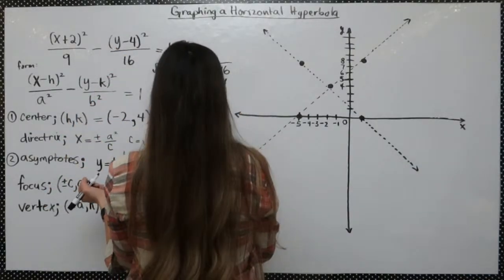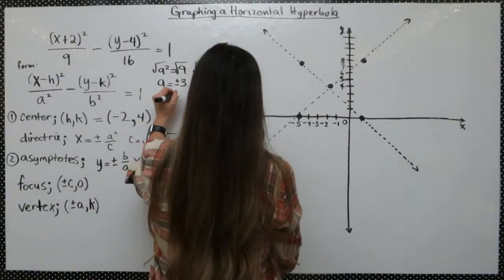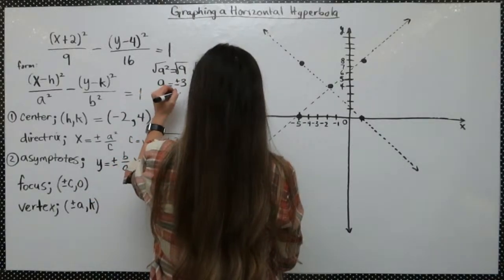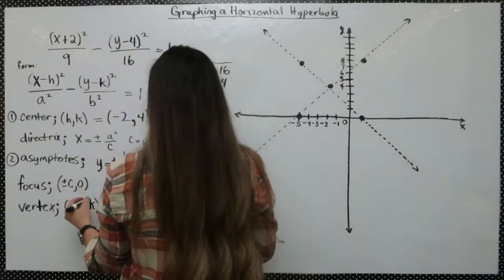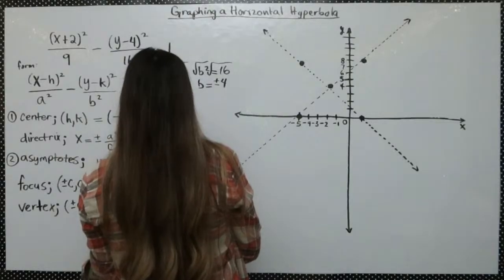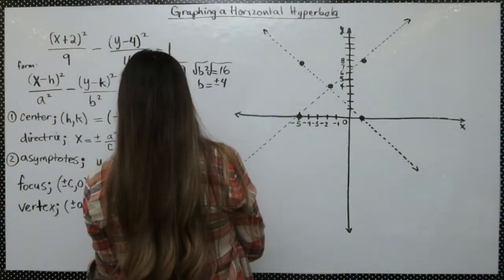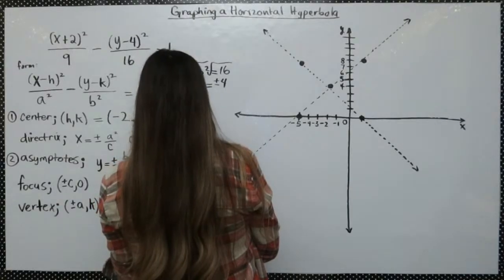It's positive 4. So we've got K equals positive 4. So we've got vertices at negative A, which is 3, comma 4, and positive 3, comma 4.